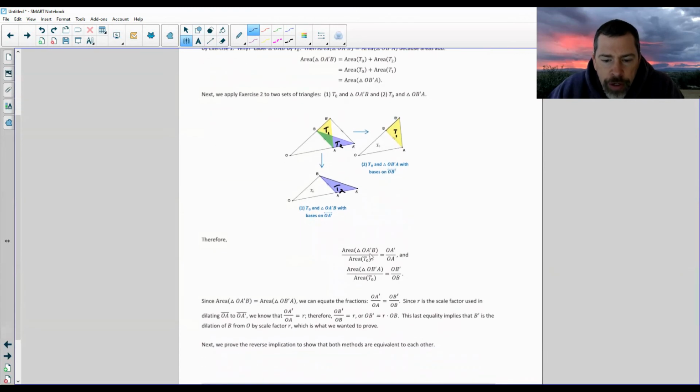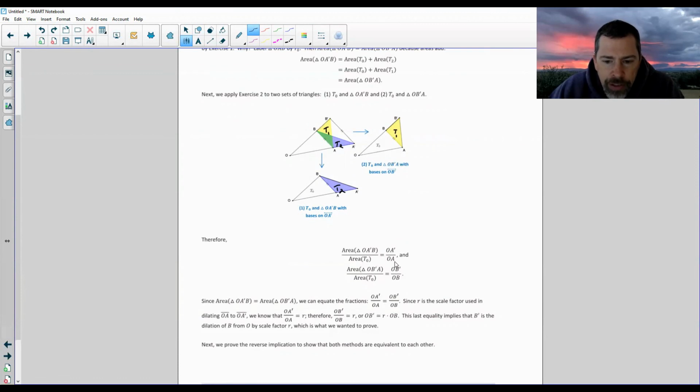Therefore, area of triangle OA prime B, right here, over the area of T naught is equal to OA prime over OA. And that was from the prior proof we did, because the 1/2s cancel when we're doing the area.